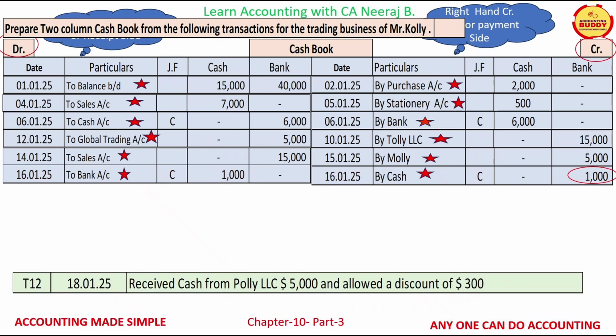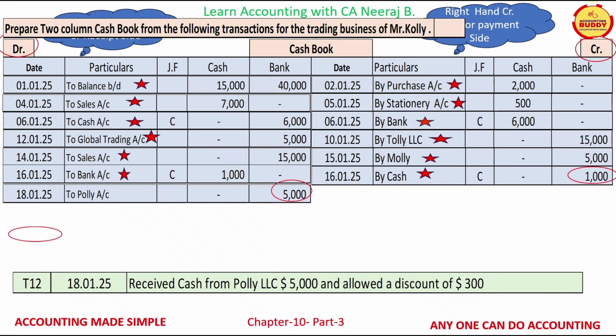Transaction T12 is on 18th of January 25, business received a check from Poly LLC for $5,000 after allowing a discount of $300. Since business has received the amount, it will be recorded in the bank column on the left hand debit side of the cash book for $5,000 on 18th of January 25 by writing the words to Poly account.